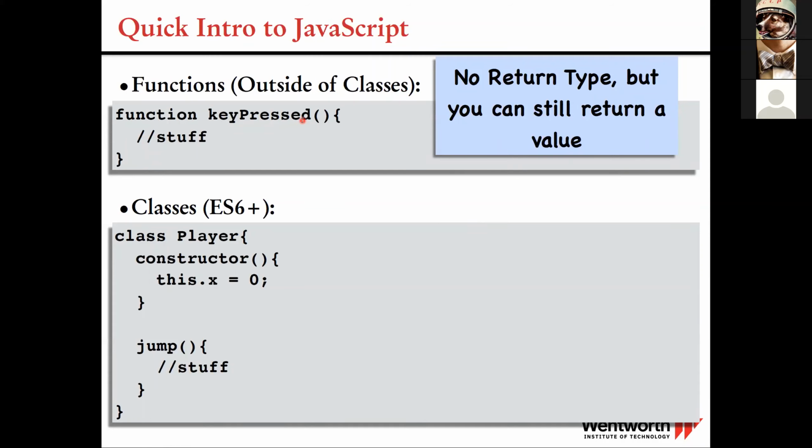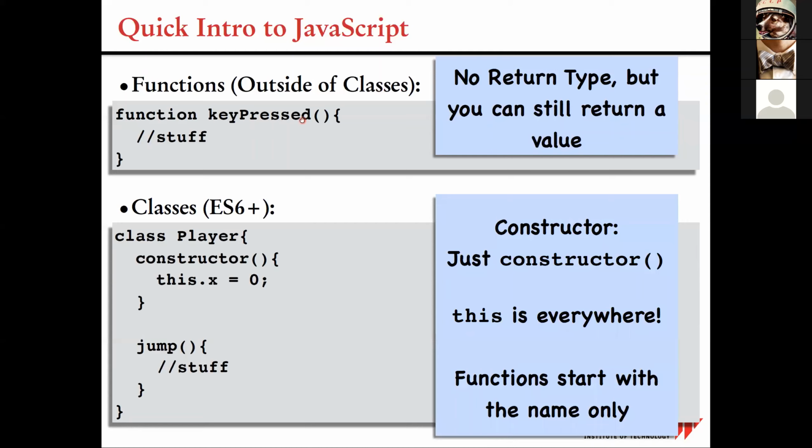Classes are something that was introduced in ECMAScript 6. We will be using classes. That's essentially what all of our main files of this program are going to have in them. When you add a constructor, it's just a function called constructor. Other functions don't need anything at the start of it. You just use the function name.